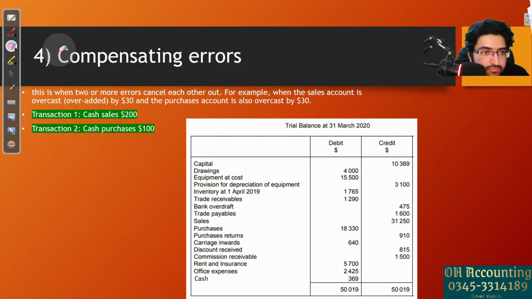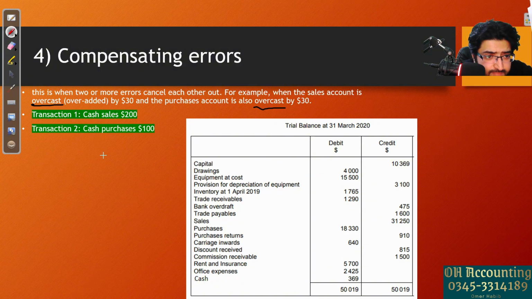Okay. Now, compensating error. This is when two or more errors cancel each other out. For example, when the sales account is overcast by 30 and the purchase account is also overcast by 30. In this case, both are overcast, over added. So let me read the transactions first. Cash sales $200.